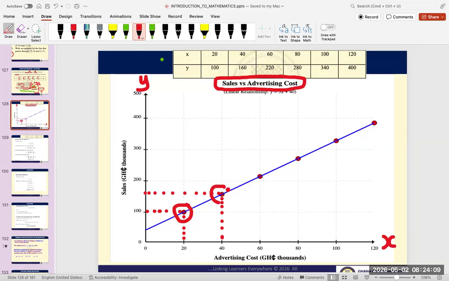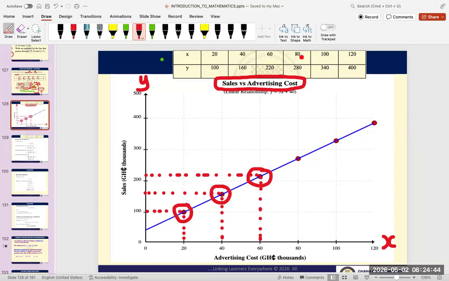So this becomes your second point. Third point, when x is 60, y is 220. So this becomes your third point.